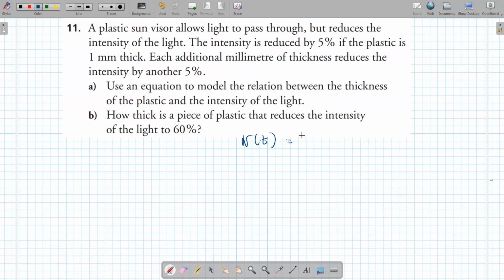That is equals to N0, which is the initial intensity, 100%, times 1 minus the rate, and minus because the intensity is being reduced, to the power of T, where T is the millimeter or the thickness or whatever. So this is the equation. What's the initial intensity? What's N0? What's the intensity on day 0 or when it's 0 millimeter thick?